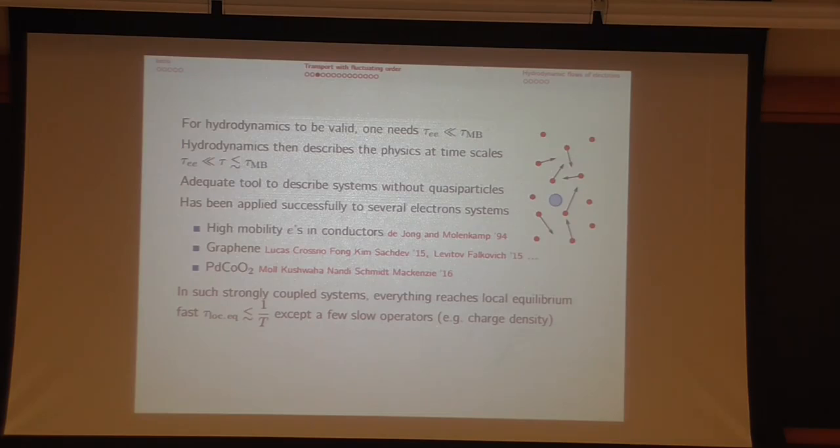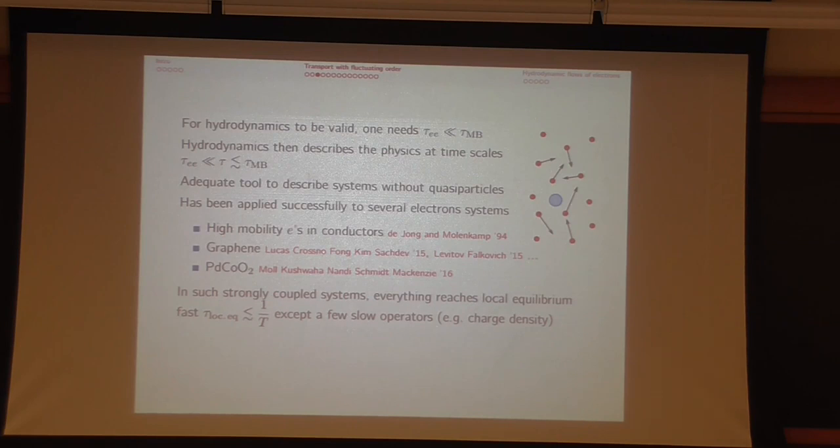And so if this hierarchy exists, then hydrodynamics will be a valid description at timescales much longer than the electron-electron free time. This typically does not happen in most materials. Probably 99% of materials that exist are just too dirty and are very well described by non-hydrodynamic techniques, either by Fermi liquid theory or by other theories.